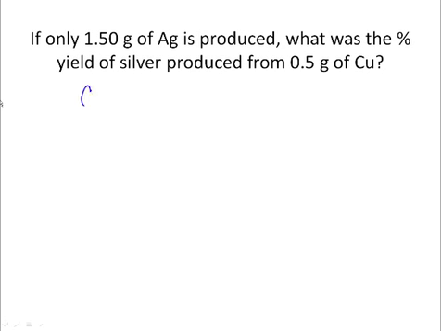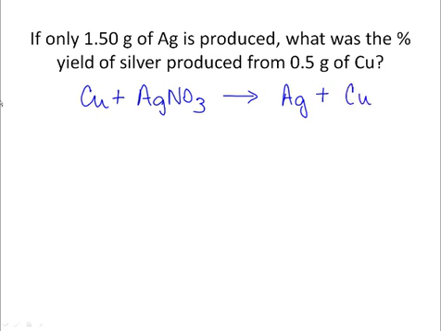So we had copper plus silver nitrate, and we produced silver, and we had our copper nitrate. Alright, again, balance the equation to here to here.